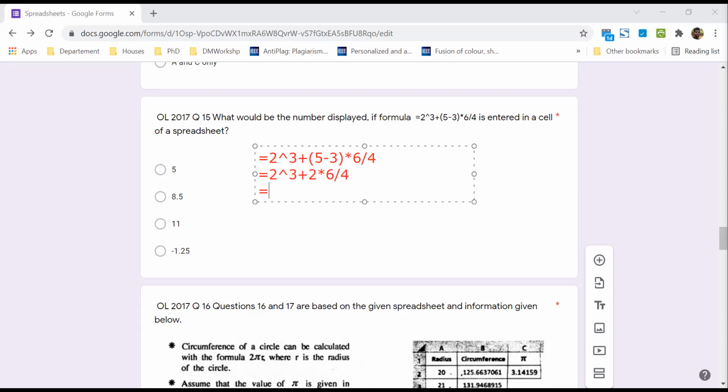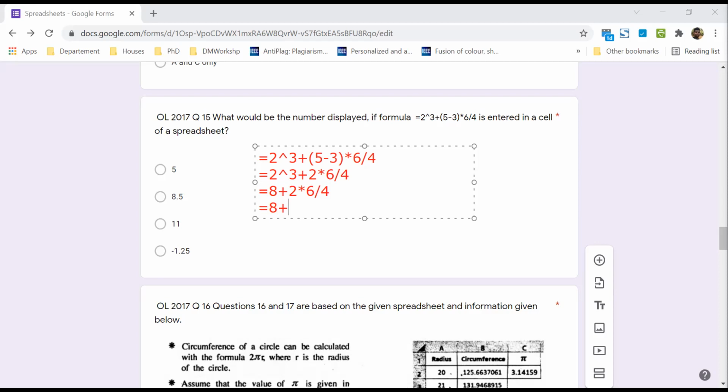And then when you have power, you have to work on the power. 2 to the power 3 means 8 plus, right, 2 into 6 divided by 4. And then we know when you have addition, multiplication and division, multiplication and division are the same, but we go from left to right. Remember, if we have the same precedence.